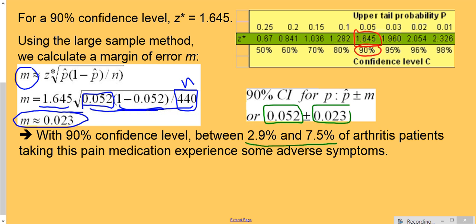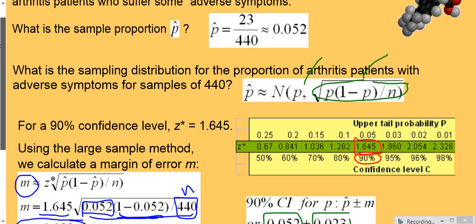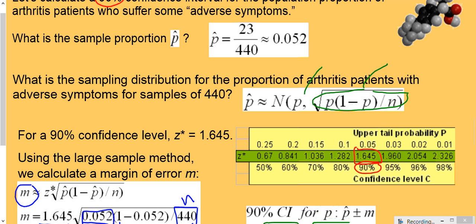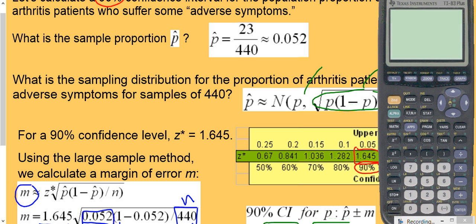Another nice way to do it is with a TI. I would go to stat, arrow over to test, and go down to what's called 1-proportion z interval, or 1 prop z int.